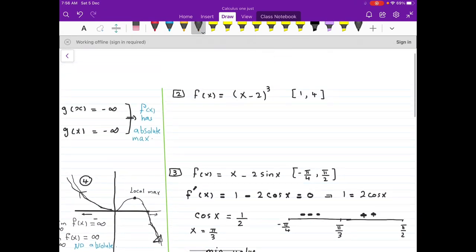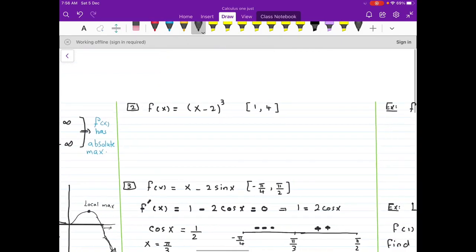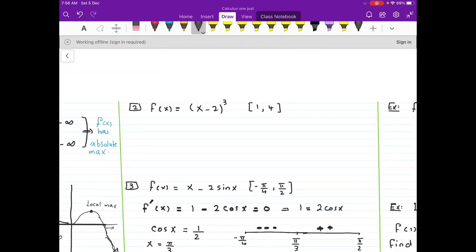Another example: f of x equals (x minus 2) to the power 3 on the interval [1, 4]. Now find f prime of x. f prime of x equals 3(x minus 2) squared. So x equals 2 is a critical number for the function. Now we want to study the sign for f prime.